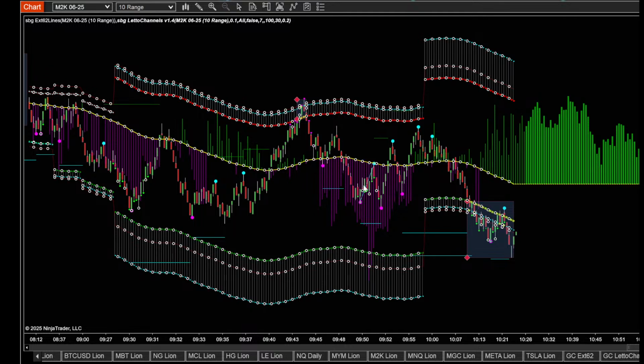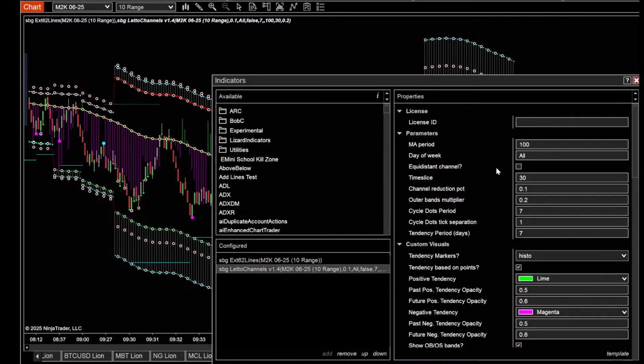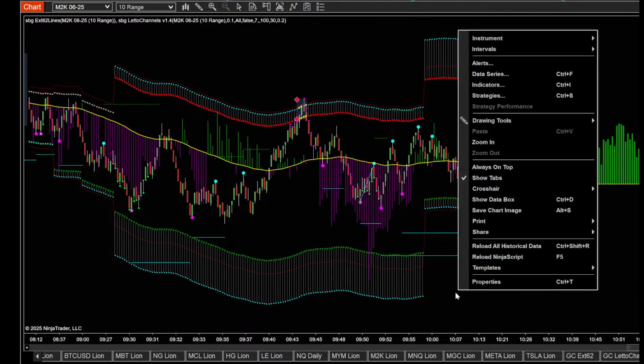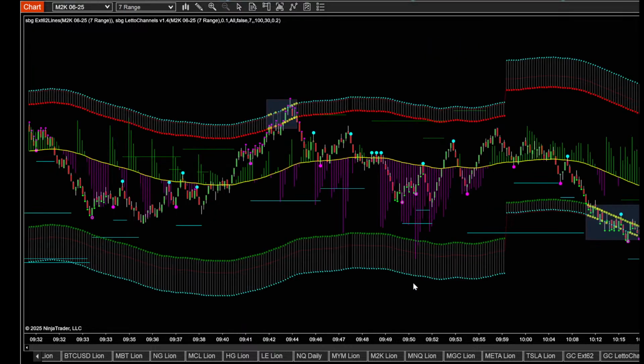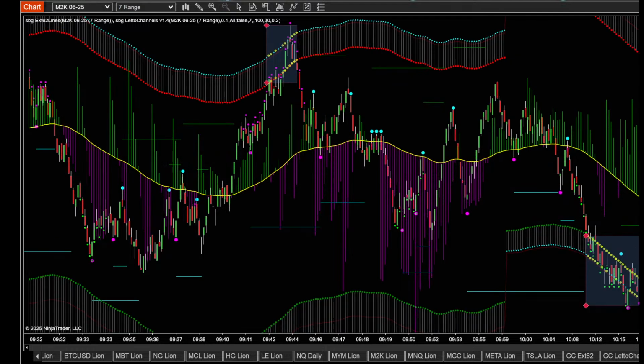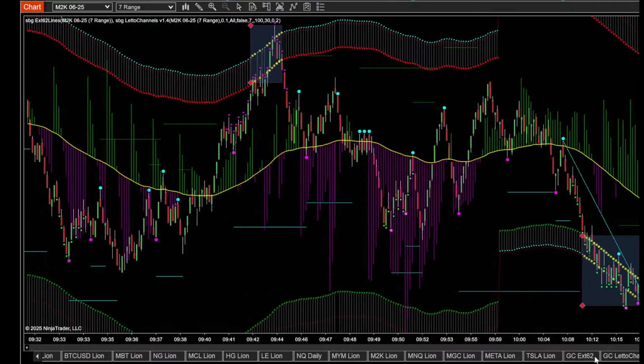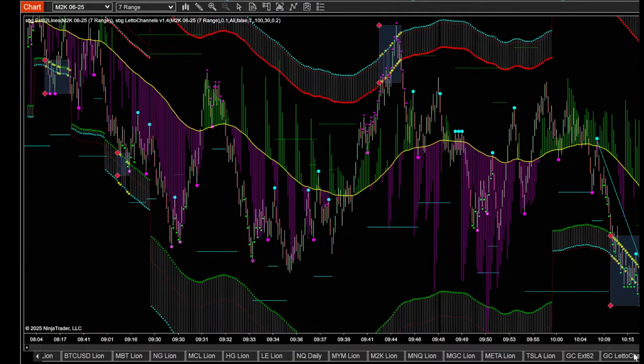Let's get a little more creative and do a, no, I don't want that. Data series. I'm going to go to a 7 tick on the Russell. Yeah, it just gets a little choppy there. You see all that crazy up and down.